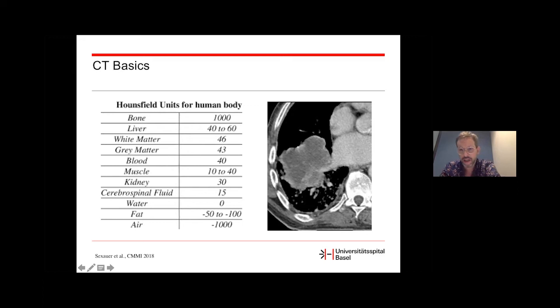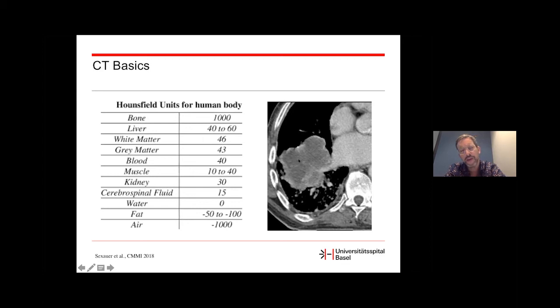Now, again, we normally in clinics would then describe this tumor. So it is very irregular, it is heterogeneous, and it has a certain diameter. I think at best we would draw a line here and say it's 5 to 10 centimeters, something like this. That is what you would find in the report. And it's very interesting because this heterogeneity, for instance, is important information if you want to judge the tumor, because highly aggressive tumors might have very vital parts where the tumor is growing very fast, but also liquid parts where there is necrosis.